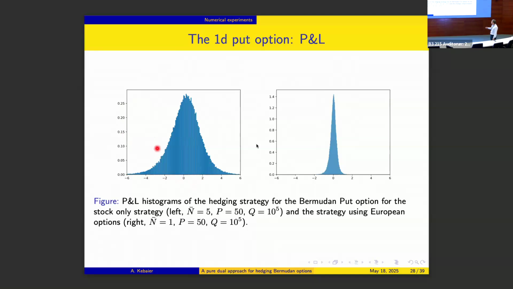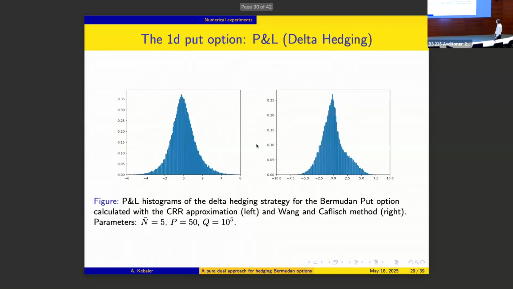If you include vanilla options in your portfolio, you get better results. We compared this to Wong and Kéflich, and we noticed that the skewness for Wong and Kéflich is not the same one we got here using the delta. So it means that our approach looks more symmetric. I don't know.